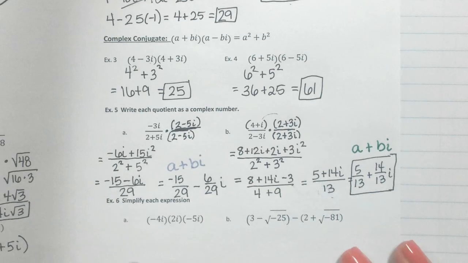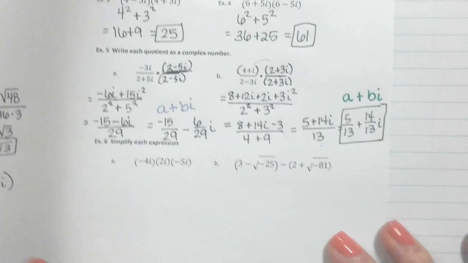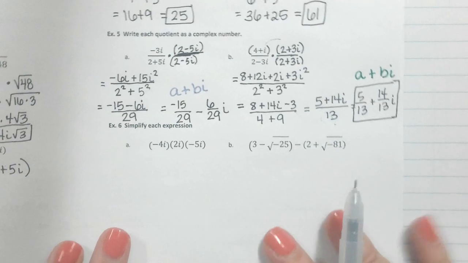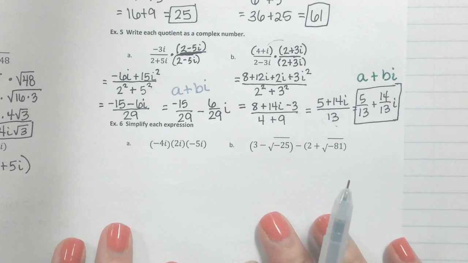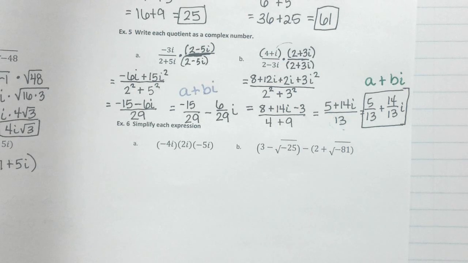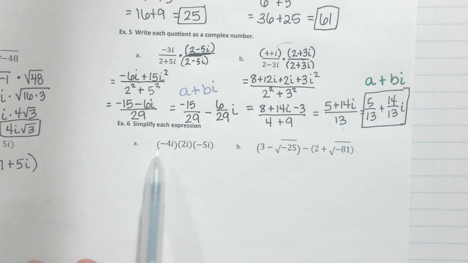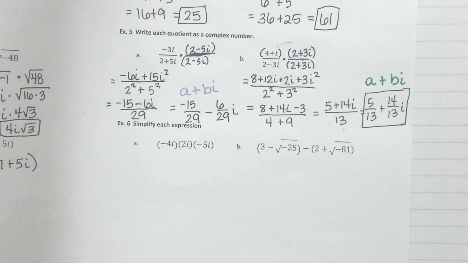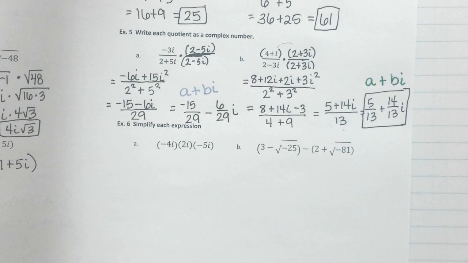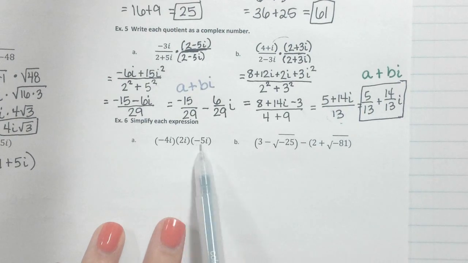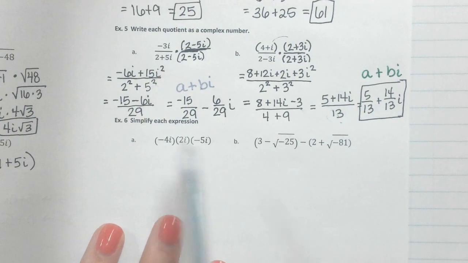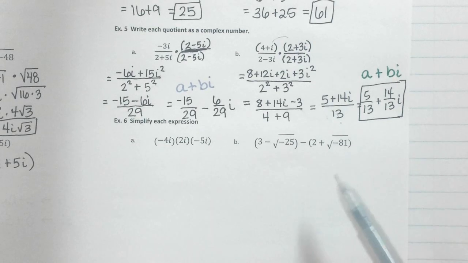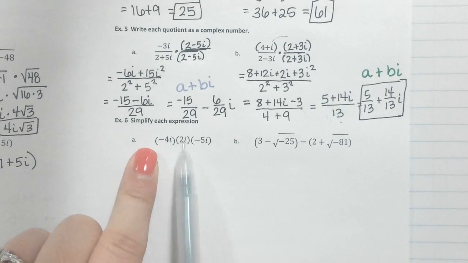Okay, now these last two are just some SAT type questions that are just kind of extra here. All right, so let's see, how could we do negative 4i times 2i times negative 5i? Well, we don't need to FOIL because they're each one term. So if I multiply 3 numbers together, just multiply the first 2, and then multiply the third. So I would just multiply these first.